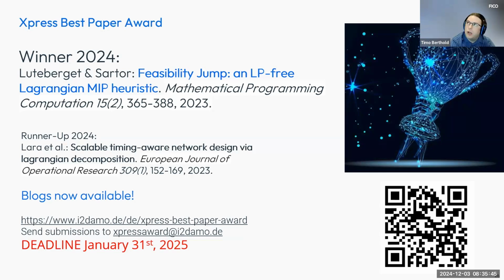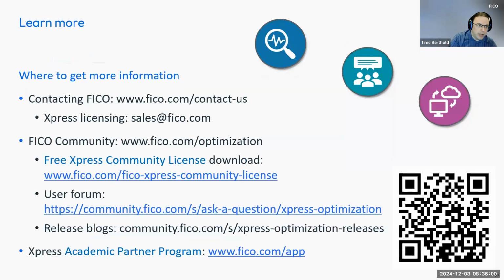In the middle of last month, we released 2 blog posts explaining in detail the research that those teams worked on. Very nice reads. So where can you find those? Well, on our FICO Xpress community page. A link should also go into chat together with the page on the FICO Xpress Best Paper Award.